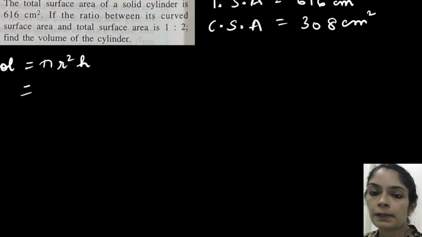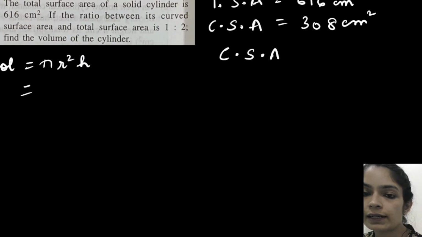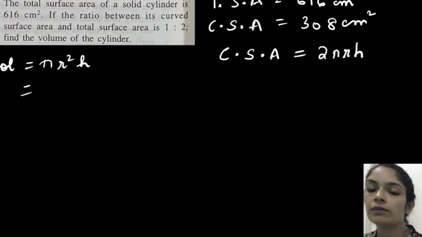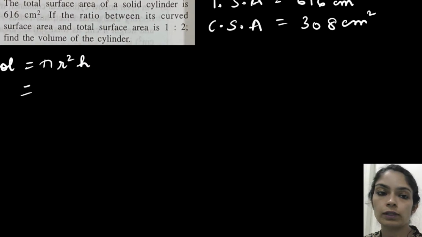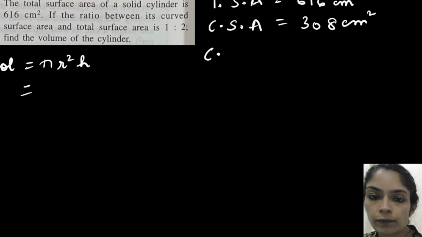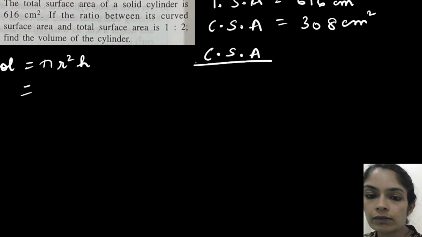Now what we can do, we'll make use of this. Curved surface area of cylinder is equal to 2 pi rh, and their ratio is given to us, so I am again going to make use of the ratio only. So I'll write curved surface area by total surface area, which is equal to 1 by 2.